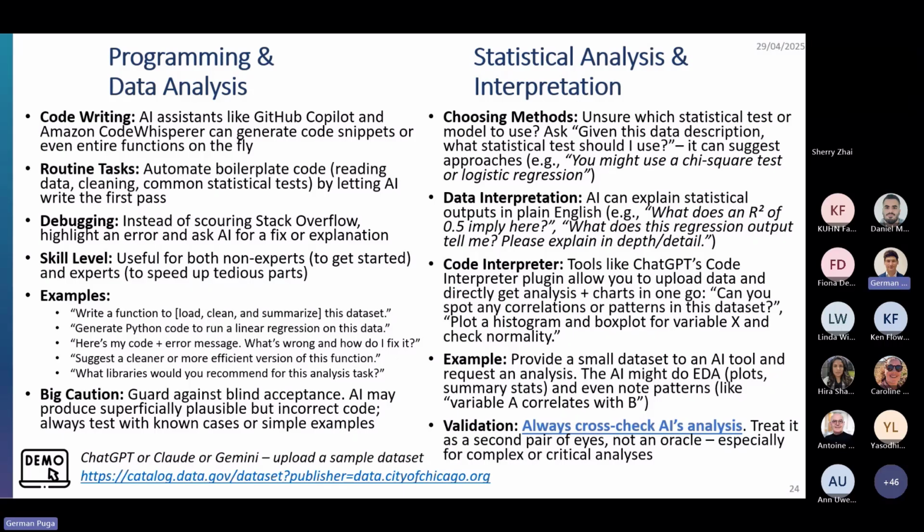Statistical analysis, interpretation. This one, be a little bit careful with, right? I could feed in the results table, all the p-values and whatnot from my regression. I ask it to identify some interesting findings from that. It'll get 2 or 3, 4, 5 probably correct. It'll probably also hallucinate 2, 3, or 4.